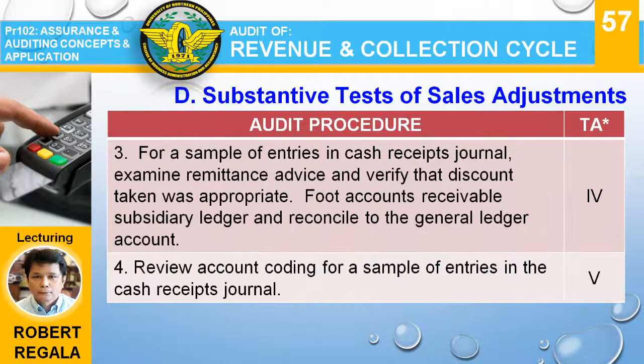Slide 57. Number 3, procedure. For a sample of entries in the cash receipts journal, examine remittance advice and verify that discount taken was appropriate. Foot the accounts receivable subsidiary ledger and reconcile to the general ledger account.